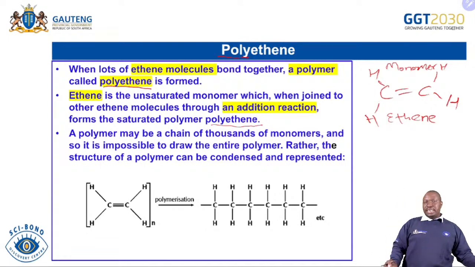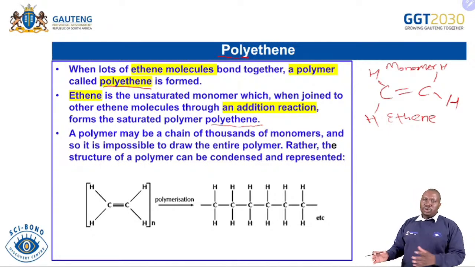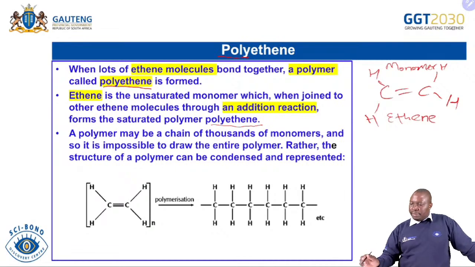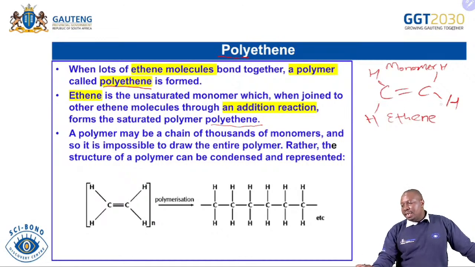I have emphasized that a lot: when you see poly, you see many. Ethene means many ethenes. How did you join them together? You were using what we refer to as addition polymerization. For polyethylene, we are joining many monomers.